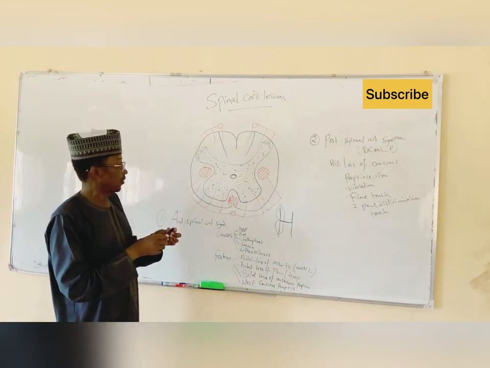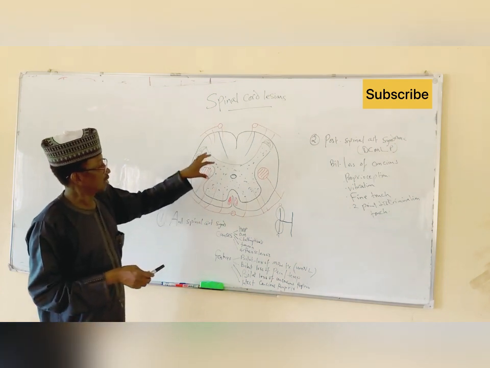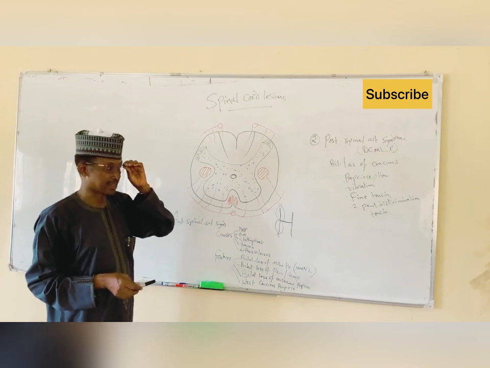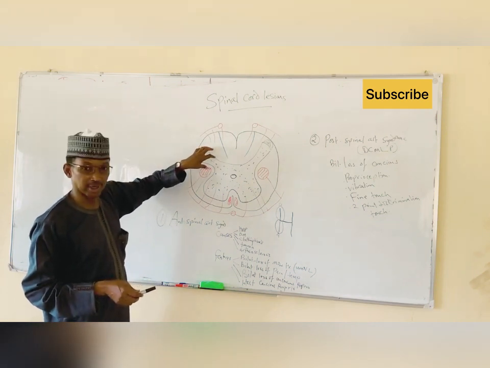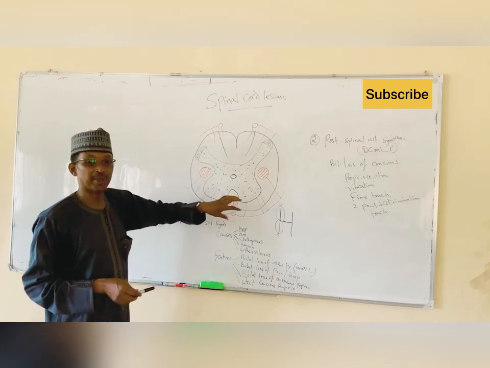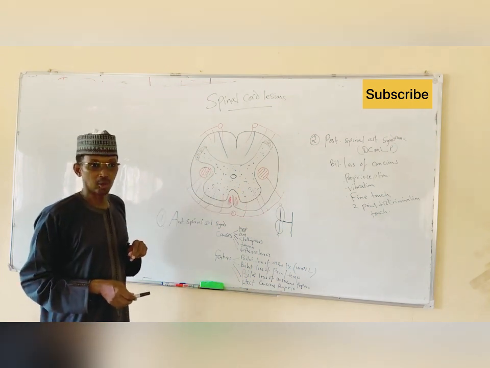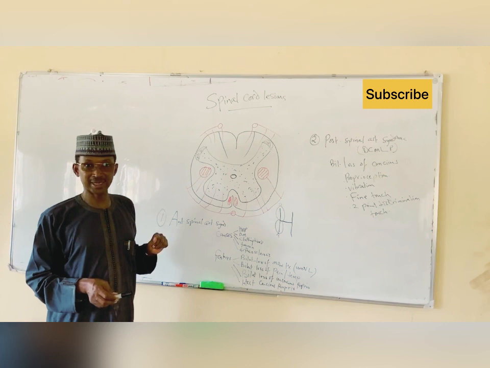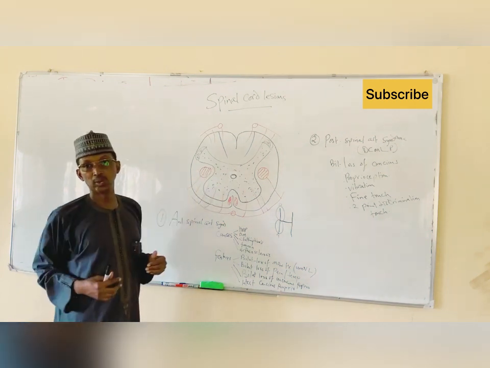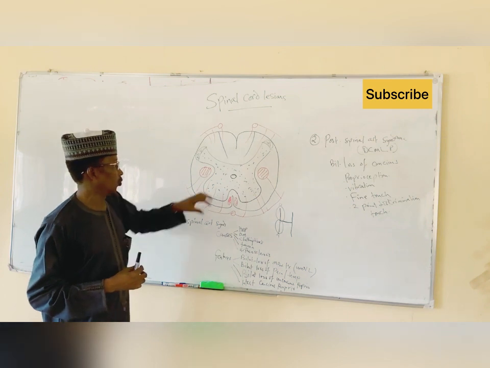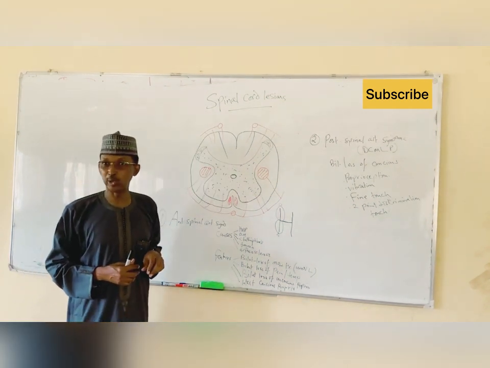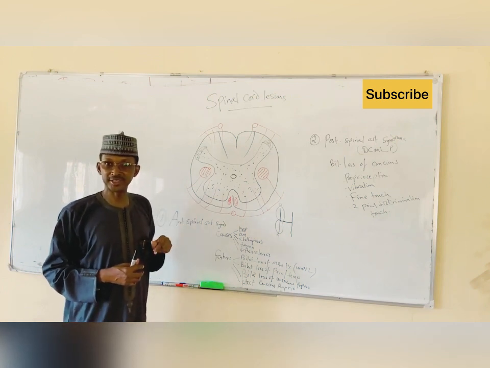So the gray matter there is made up of this figure H structure, whereby you have the posterior horn or posterior limb of the gray matter, and then you have the anterior horn or anterior limb of the gray matter. And then you have a horizontal limb linking the two limbs together. Within the substance of the horizontal limb, you have the central canal located, which contains the CSF.